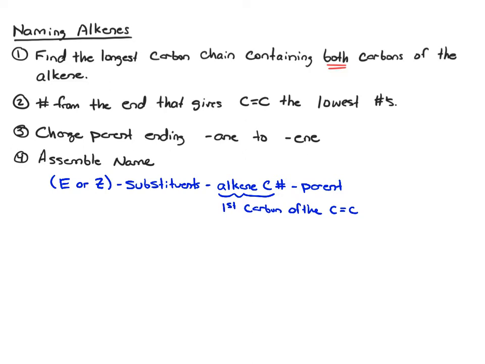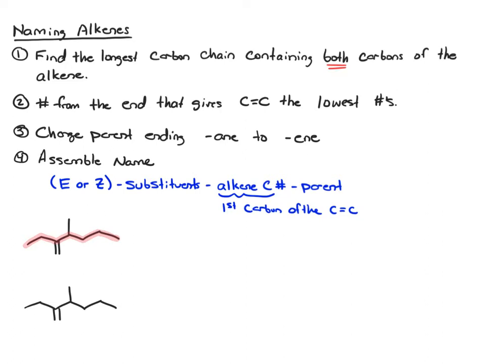First, in terms of just finding the longest carbon chain. So you'll see I've drawn this molecule twice. And it's very tempting to want to say this is the parent chain, because that has 7 carbons in it, and that is the longest carbon chain in the molecule.